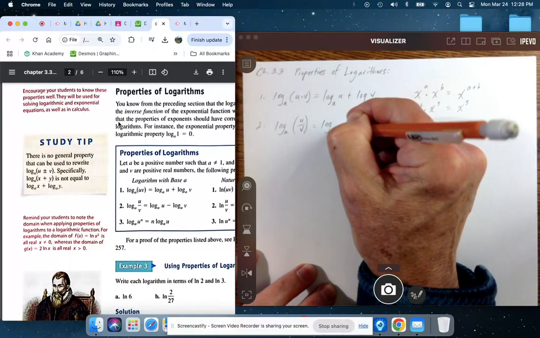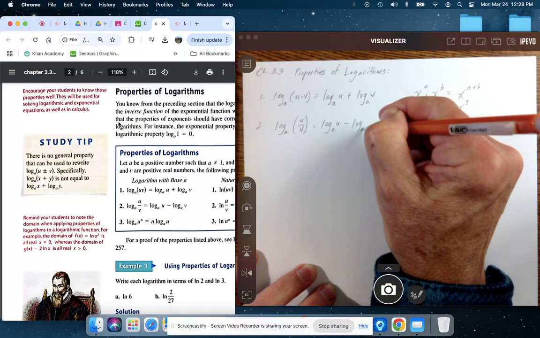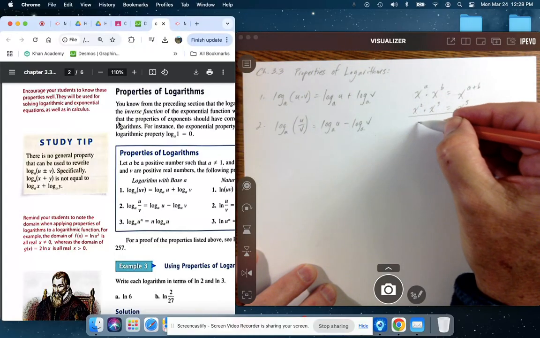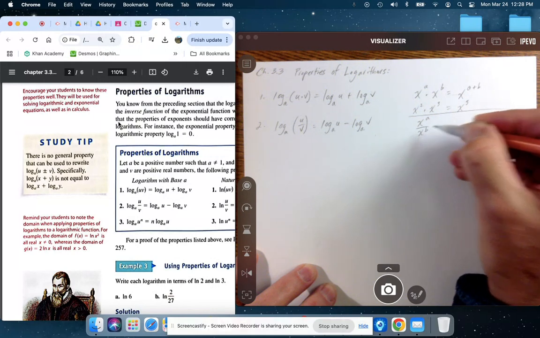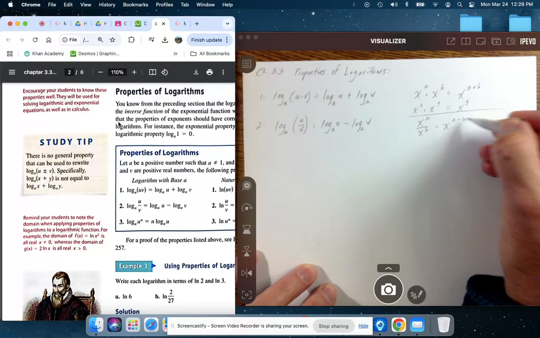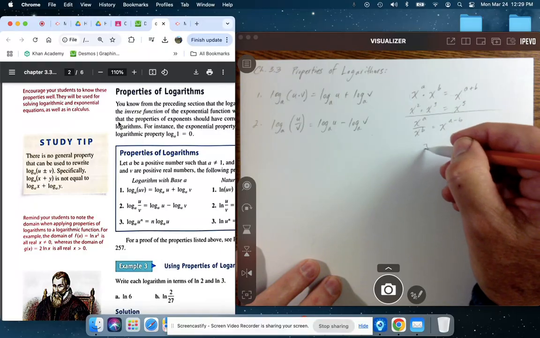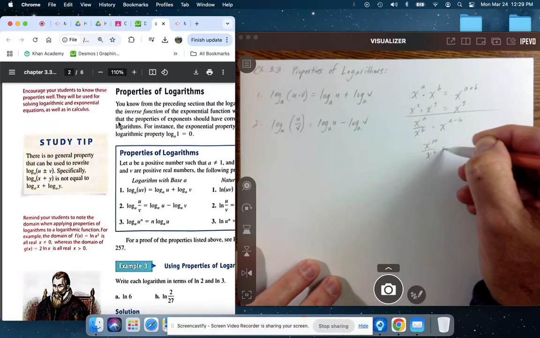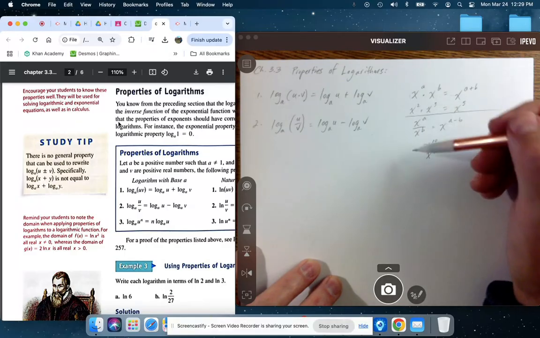So that's log base a of u, take away log base a of v, and that's related to a very similar property of exponentials, where if you have x to the a divided by x to the b, that's just x to the a minus b. So an example of that would be x to the 10 over x to the 2 is equal to x to the 10 minus 2, which is x to the 8th.